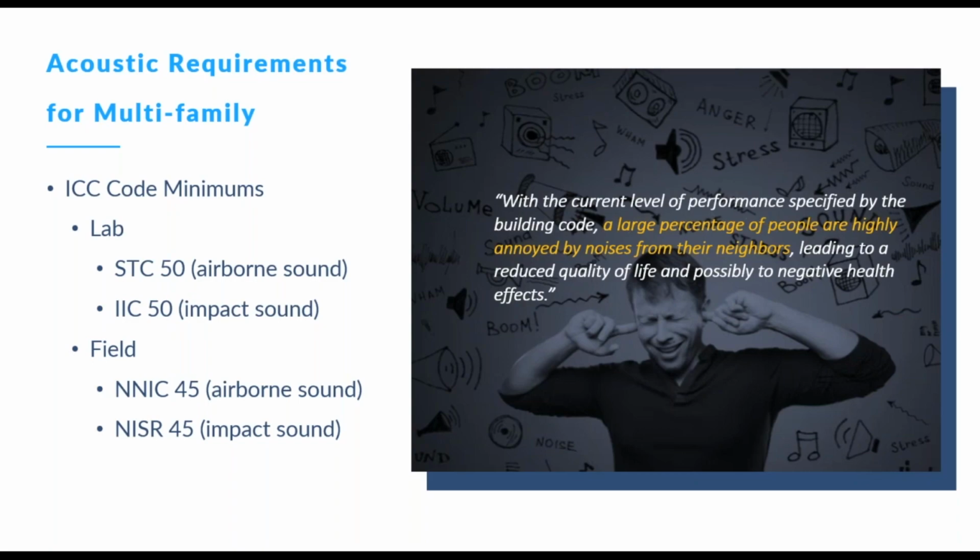Those metrics, the NNIC and the NISR, have only been specified since the latest, I think 2021, code cycle. Prior to that, it didn't specify a metric at all. It just said, if it's in the field, it's got to be a 45. But there's a grab bag of different terms for acoustic field ratings, and it didn't actually specify those. The other thing I want to add to this discussion is that these are code minimums.